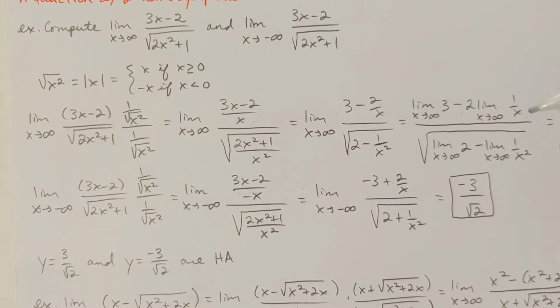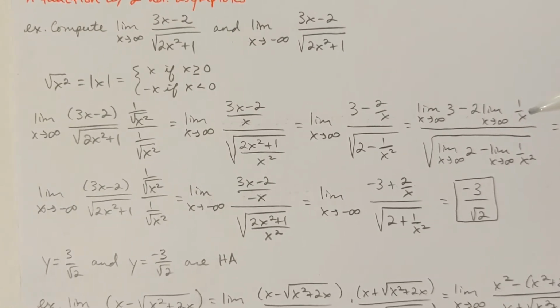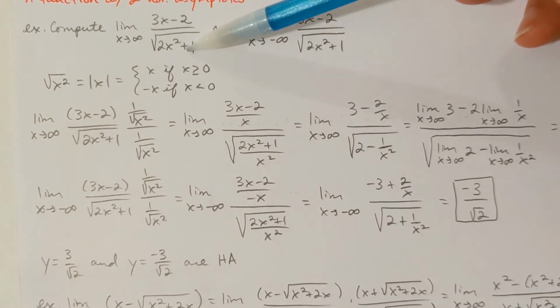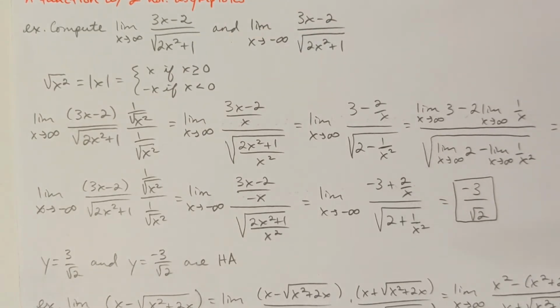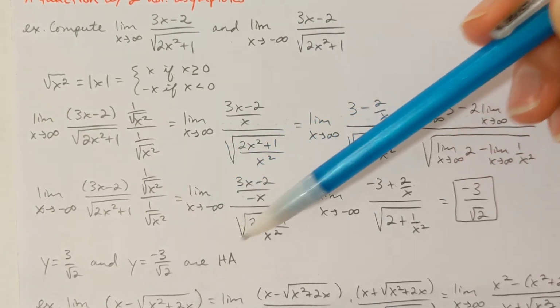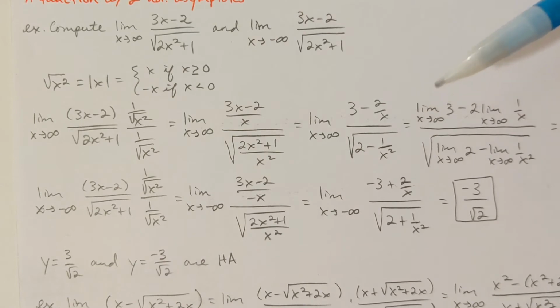Now, an algebra student would not be able to know that, okay? Because we don't have a function of the form polynomial over polynomial, all right? The only way to know the asymptotes is to know calculus. Y equal 3 over root 2 and y equal negative 3 over root 2 are the equations of the horizontal asymptotes.